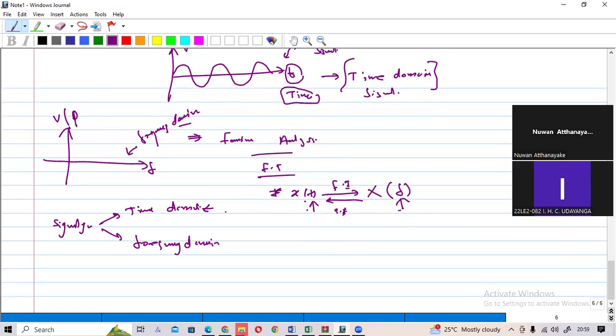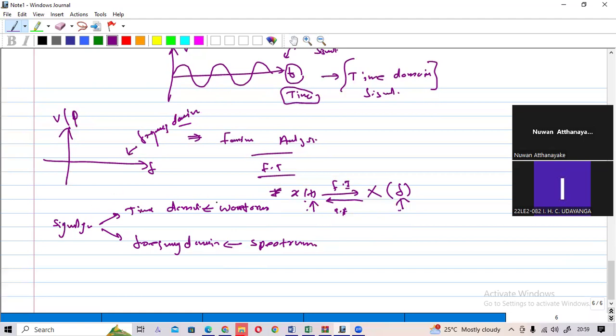A time domain signal we normally call a waveform. A frequency domain signal we normally call what? Can you remember? That is normally called a spectrum. Waveform and spectrum.